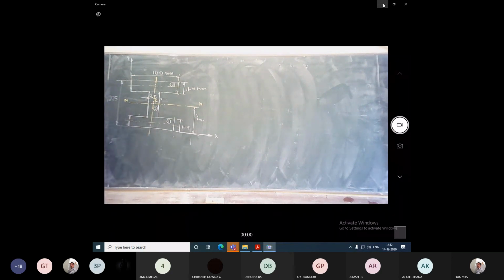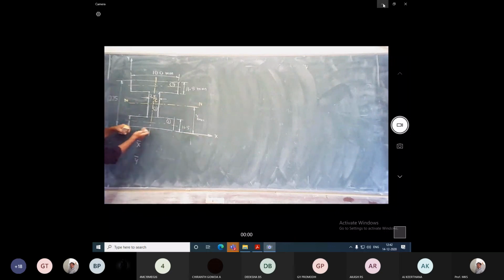So now let me find the location of this point C, the centroid. The centroid will be located at a distance x bar and at a distance y bar with respect to the reference axis.